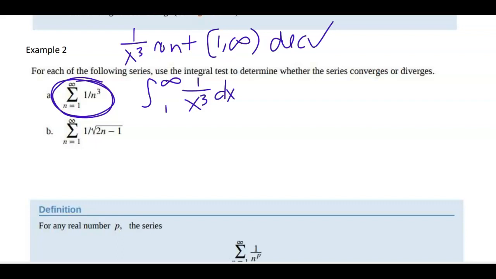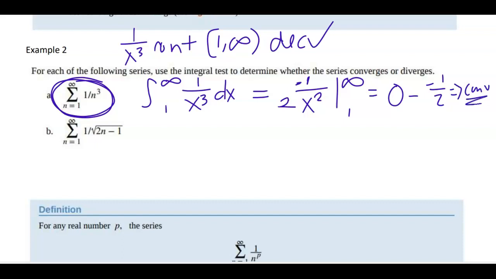That's x to the negative 3. So I end up getting x to the negative 2 divided by negative 2, from 1 to infinity. When I plug in infinity, I get 0 minus negative 1/2. So it converges because the integral converges, so this series is going to converge.